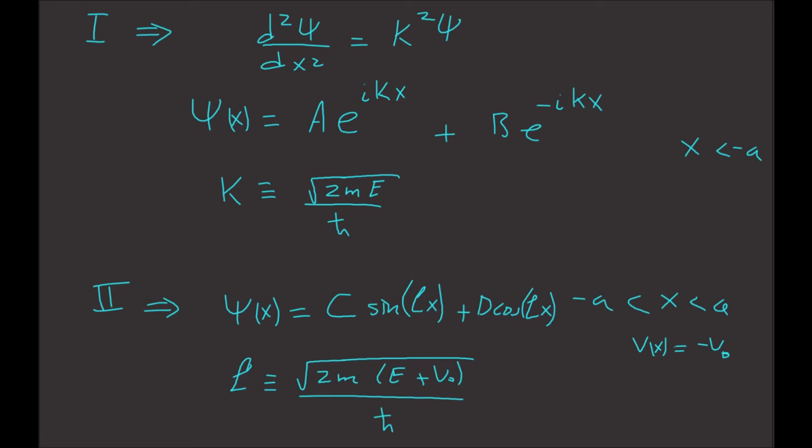Now to the right, where x is greater than positive a, in region number 3, the solution for our wave function is psi of x equals F times e to the i k x.